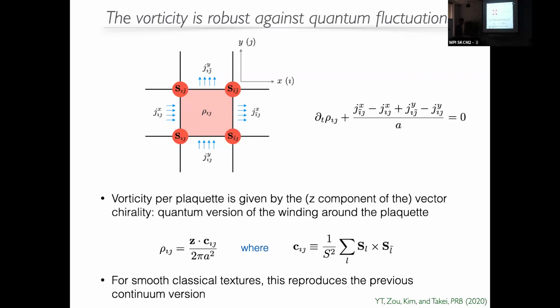It's insensitive to the details of the Hamiltonian, with the fluxes defined per each of the four edges of the plaquette. It's valid for any Hamiltonian. For smooth classical textures, this is backward compatible. So it fundamentally works, and then in the smooth semi-classical regime, it reproduces the previous construction. So it's fully backward compatible.